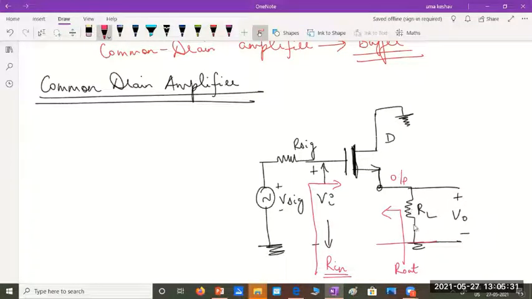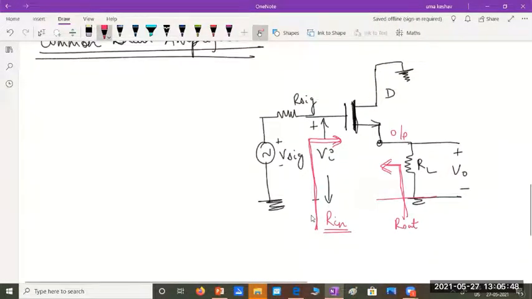So before including load resistance RL, you should be measuring the output impedance Rout. Input impedance should be measured after the signal generator, which includes both Vsig and Rsig. So this is our circuit. Now, can you tell me which model should I use for this MOSFET to analyze?